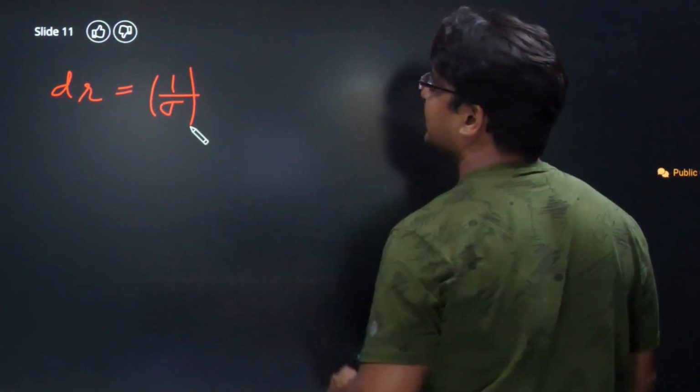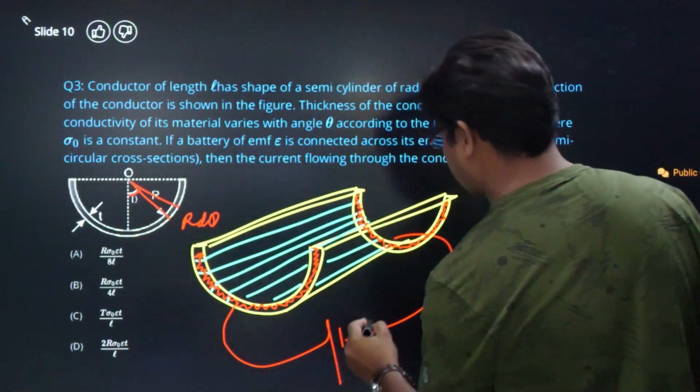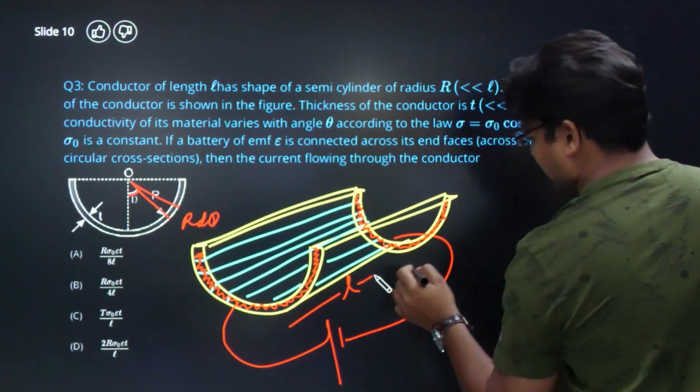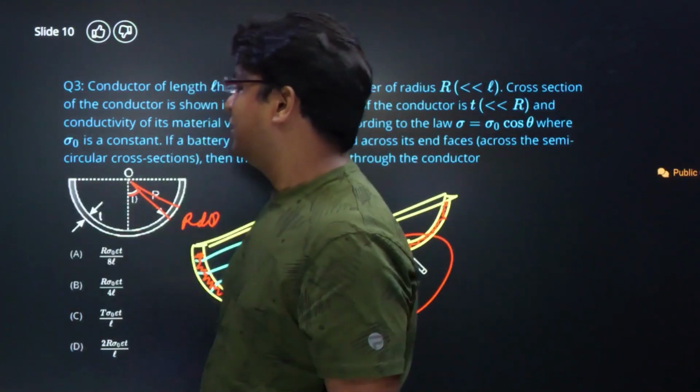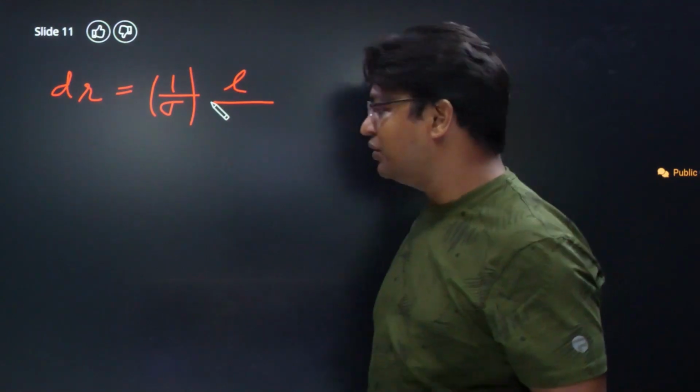Then L indicates the length along the direction of current flow, which in this case will be equal to this length. And A represents the area perpendicular to the current flow.